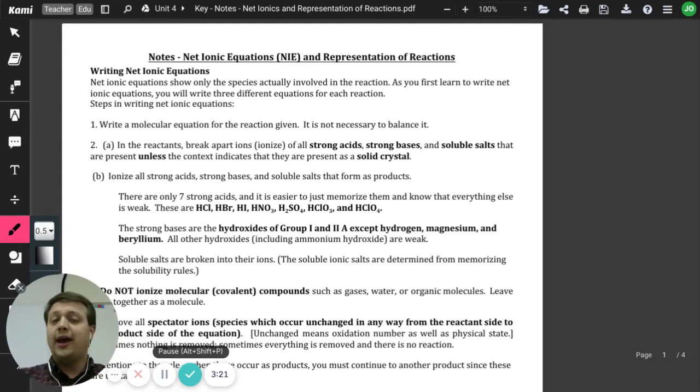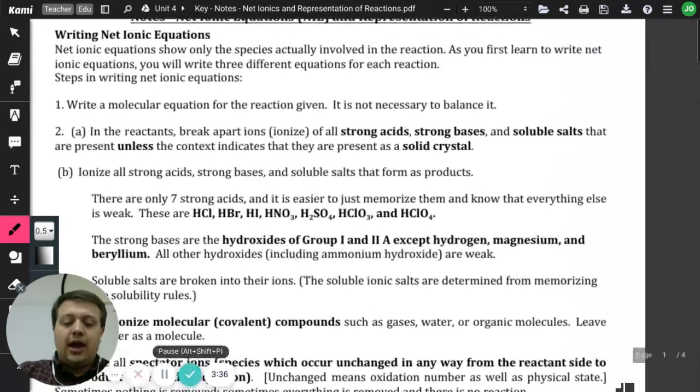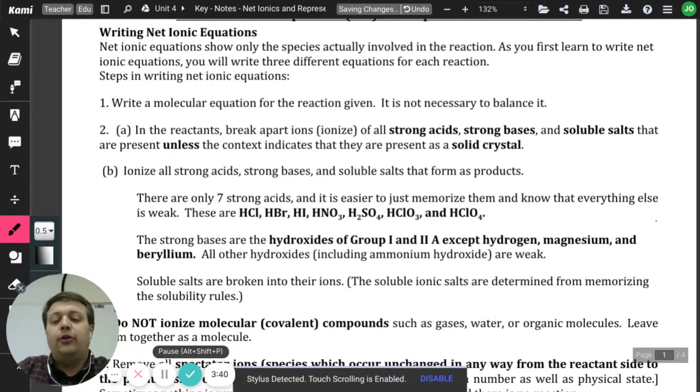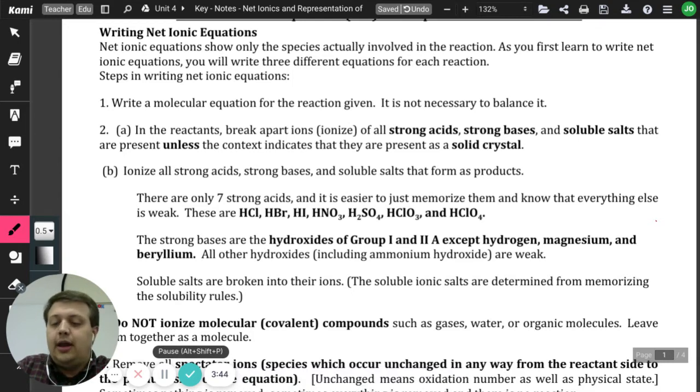Next, strong acids and strong bases. For strong acids, there are only 7, so it is easier for you to just remember those 7. Those 7 are hydrochloric acid, hydrobromic acid, hydroiodic acid, nitric acid, sulfuric acid, chloric acid, and perchloric acid.